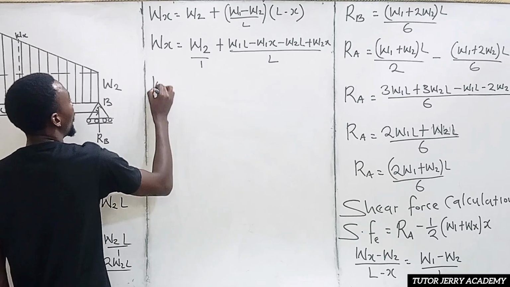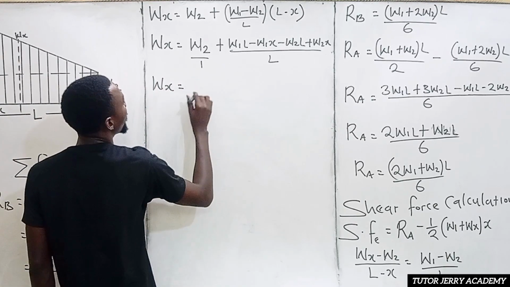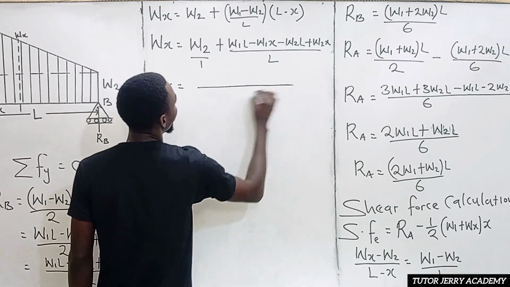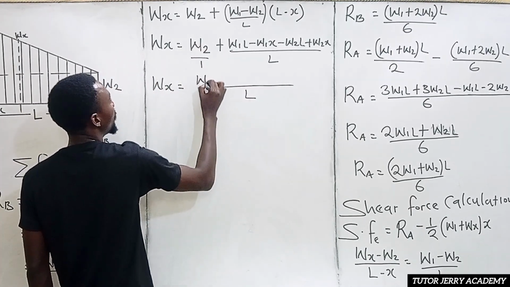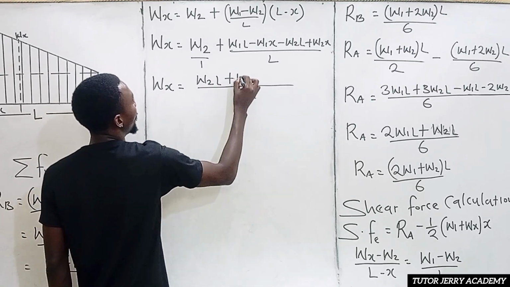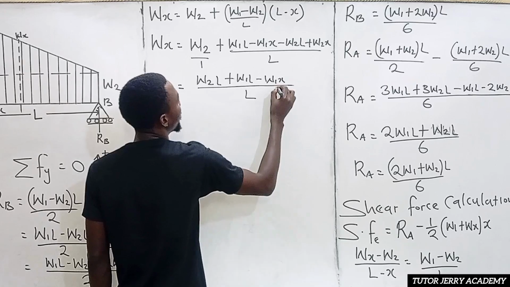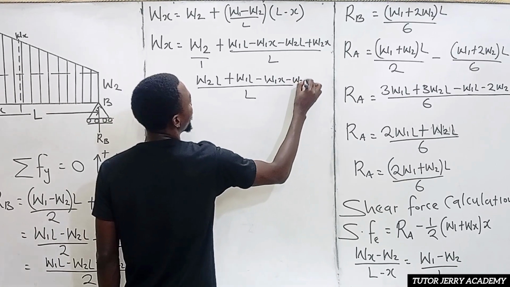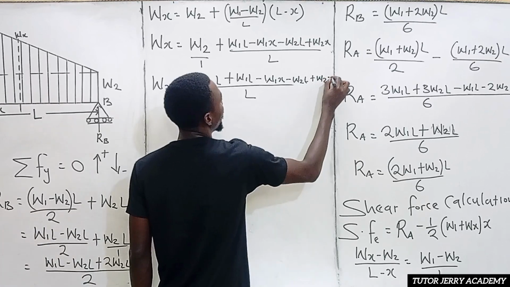The LCM of 1 and L is L. So 1 in L is L. L times this is W2L plus W1L minus W1S minus W2L plus W2S.